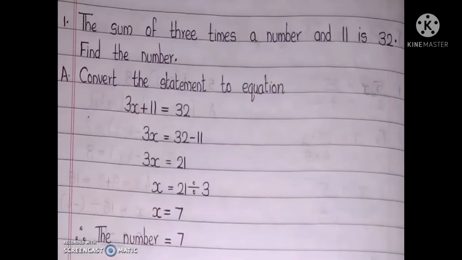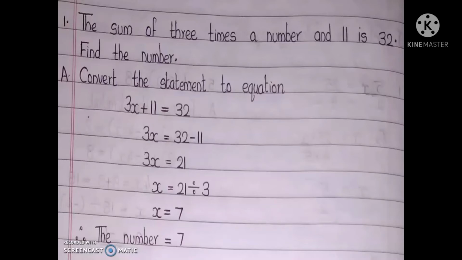So what are the steps you did? First, read the question, underline the words which you need, and then convert the statement to equation. Here, sum means addition, 3 times means 3 into, is means equal to.